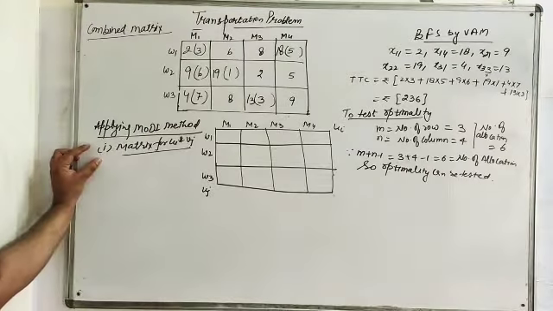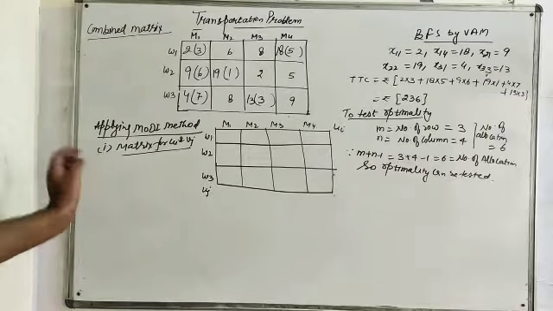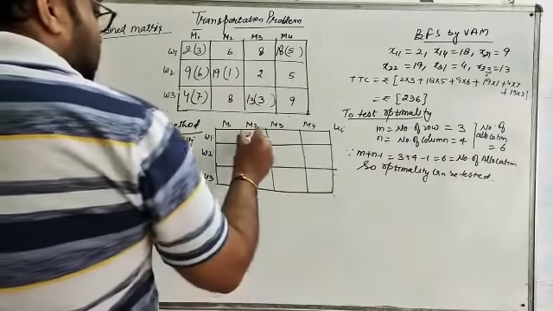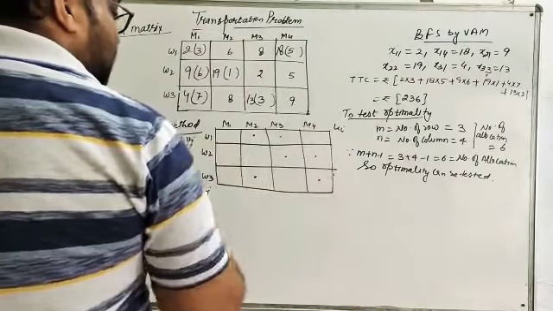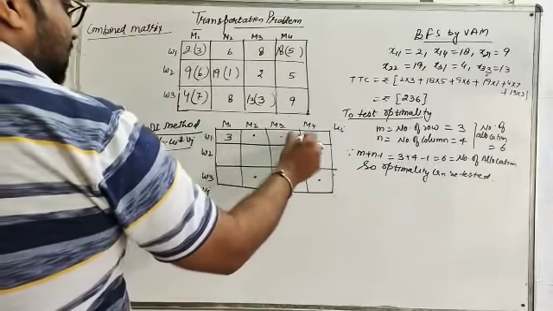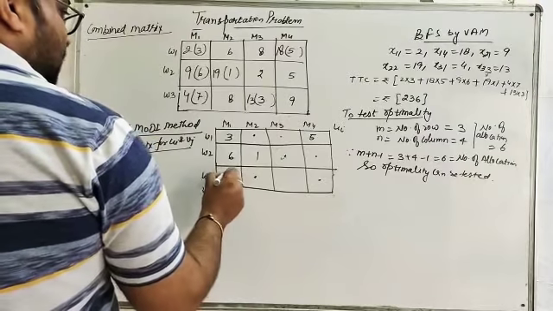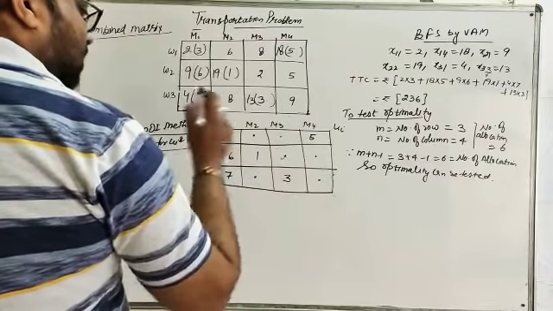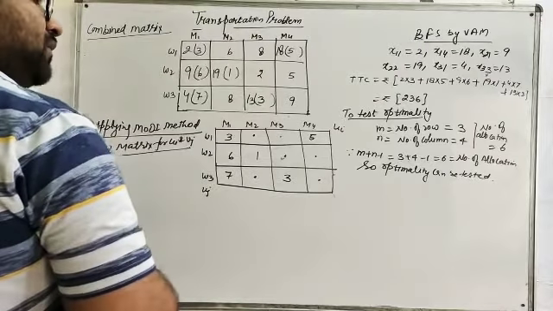This is step number 1, the matrix for ui and vj. In this step we have to put a dot on the elements which do not have an entry, that is at these 6, 8, 2, 5, 8 and 9, and the rest of the elements which have entries remain as they are: 3, 5, 6, 1, 7 and 3. Now select the row or column which has the maximum number of entries.